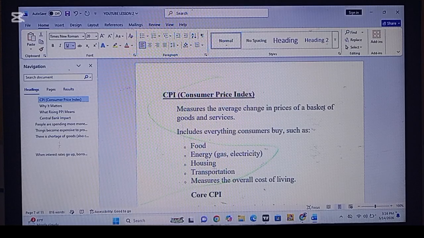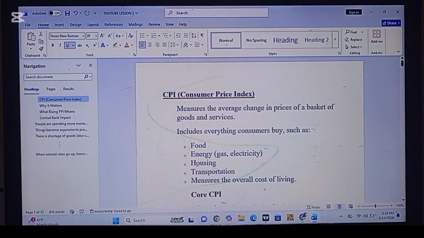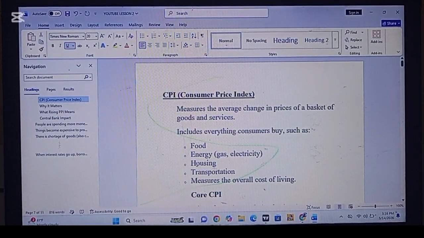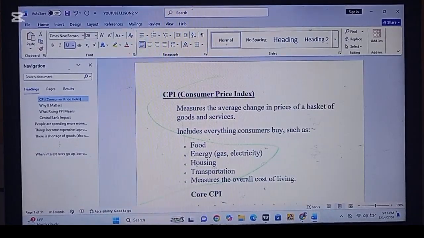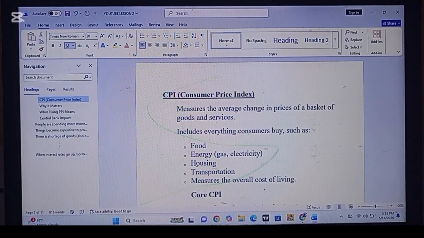But now we have a difference between CPI and core CPI. When we talk of CPI, CPI measures everything that a consumer uses. But when it comes to core CPI, we eliminate two things. We eliminate food and energy because those prices tend to be volatile.